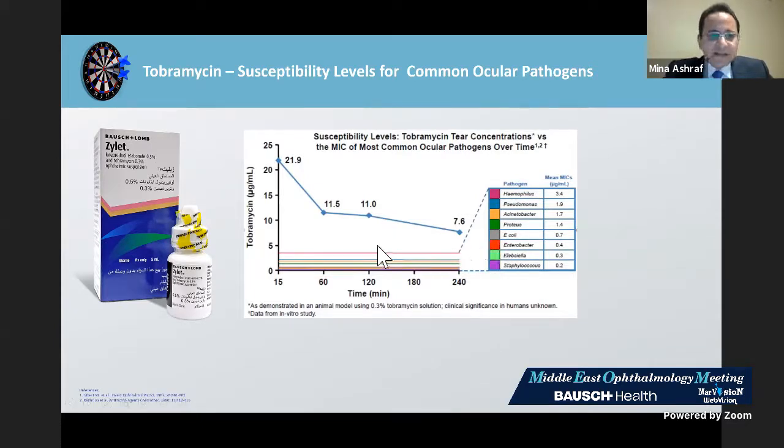And as we can see here, even after 240 minutes, which is 6 hours after a single drop installation of tobramycin, still the tear film concentration is higher than the MIC90 of most of the common ocular pathogens. How does this reflect into clinical results?